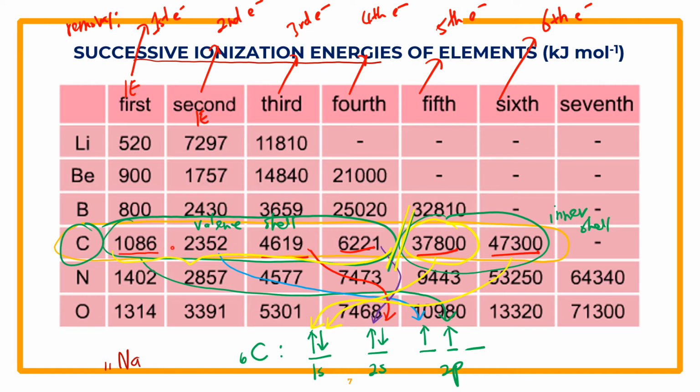So by knowing the valence electron itu 4, so bila 4 maksudnya kita susun macam mana? 2 elektron pada s orbital, 2 elektron pada p orbital. So now you dah ada valence electron is 4. Okay, and it is p block element. So bila p block element nak dapatkan group kena tambah dengan 10. So dapatlah group 14. Okay, so kaedah congak ni basically you akan pakai dalam soalan MCQ.